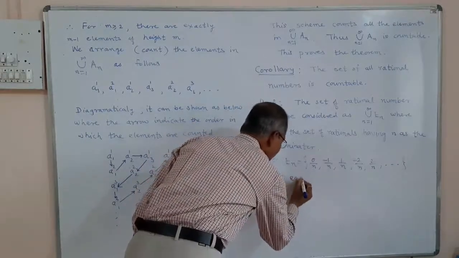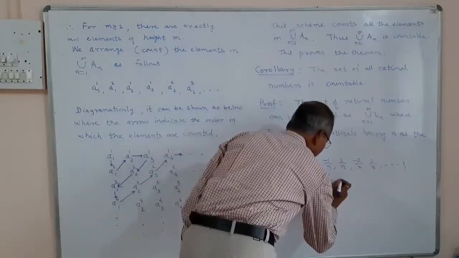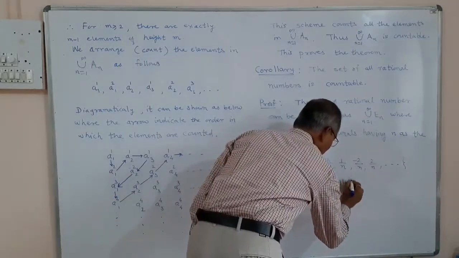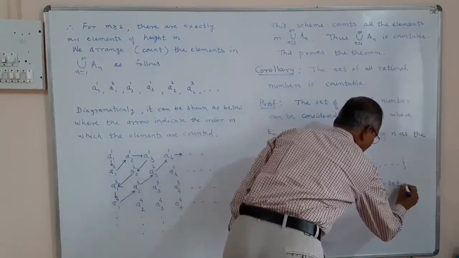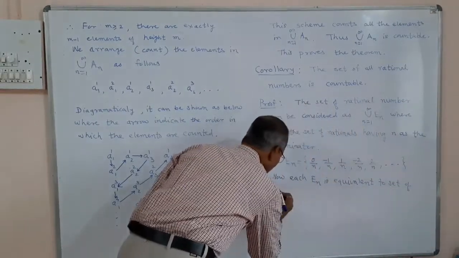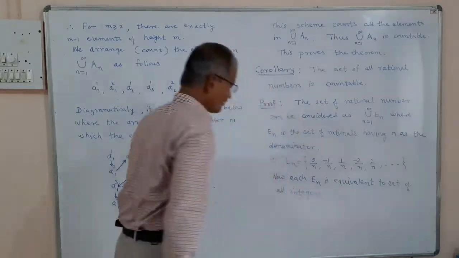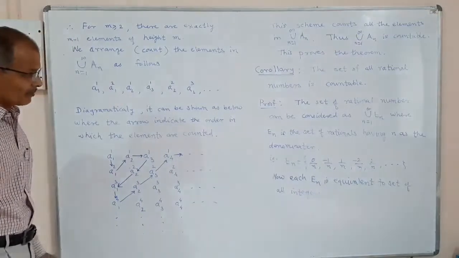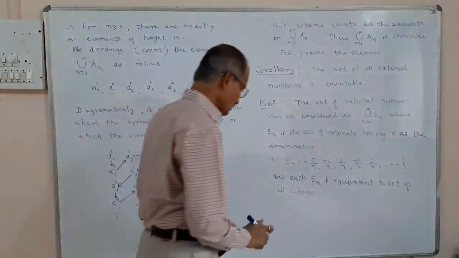Now each En is equivalent to the set of all integers. And we have proved earlier in an example that the set of all integers is countable, and therefore En is countable.